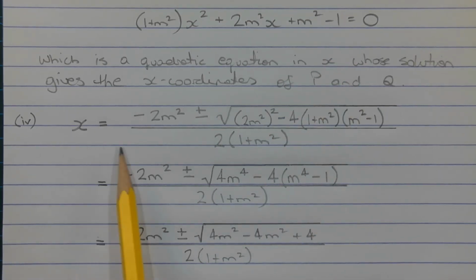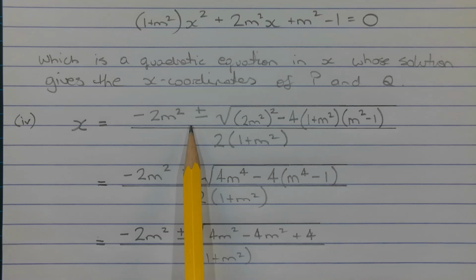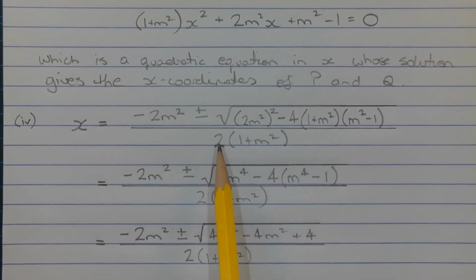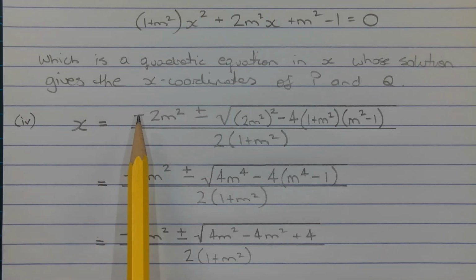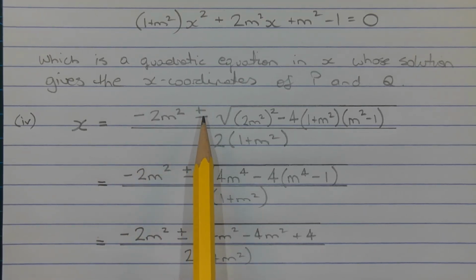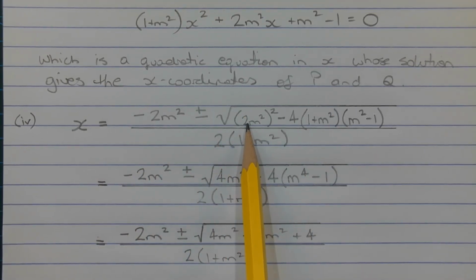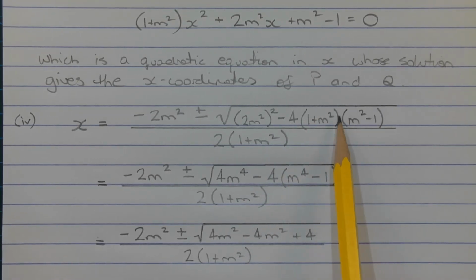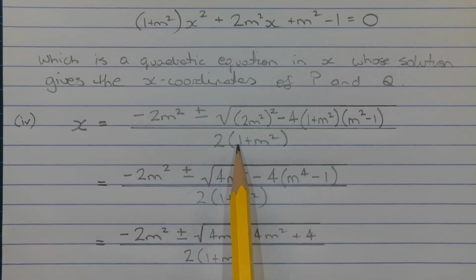We have x equals negative b plus or minus the square root of b squared minus 4ac all over 2a. So x equals negative 2m squared plus or minus the square root of (2m squared) squared minus 4 times (1 plus m squared) times (m squared minus 1) all over 2 times (1 plus m squared).